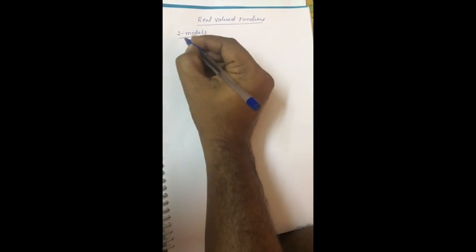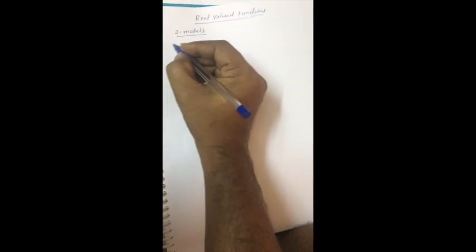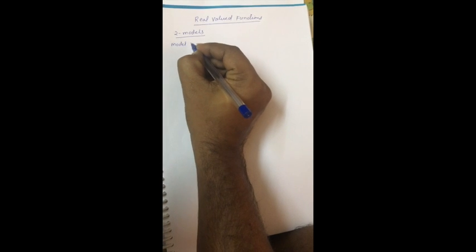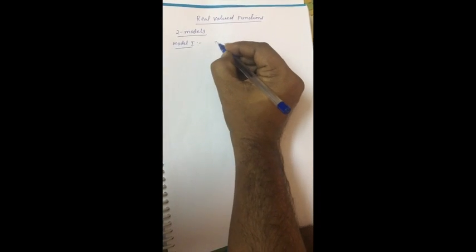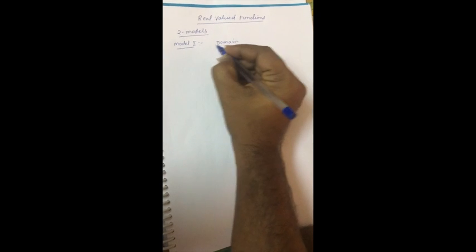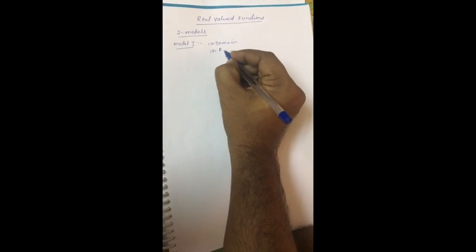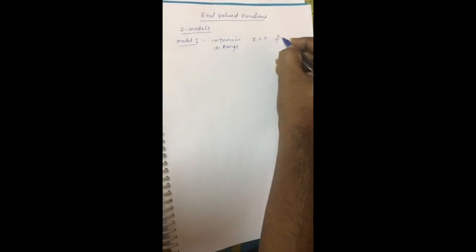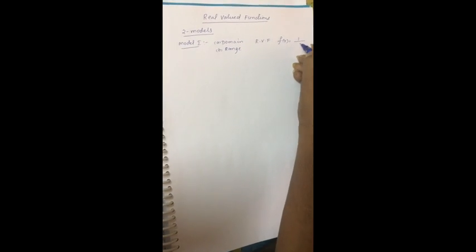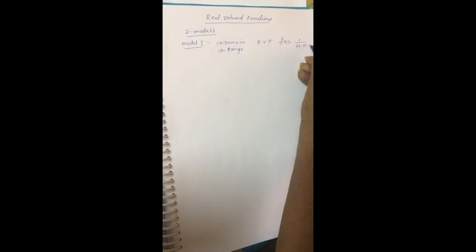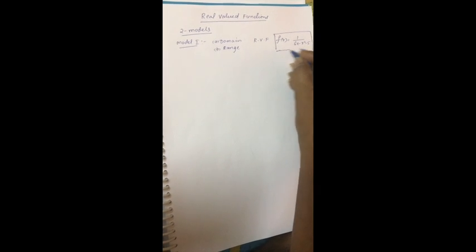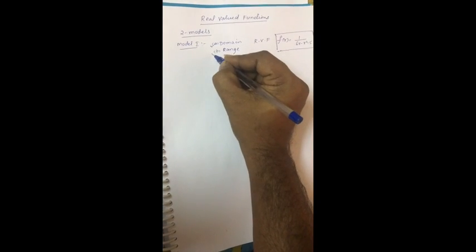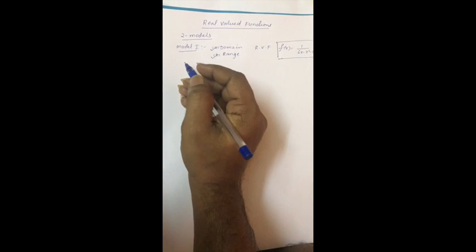First model is: find the domain and find the range of a real valued function f of x is equal to 1 by 6x minus x square minus 5, something like that. So they'll give you a function and they'll ask you to find domain and range. So this is one kind of model.